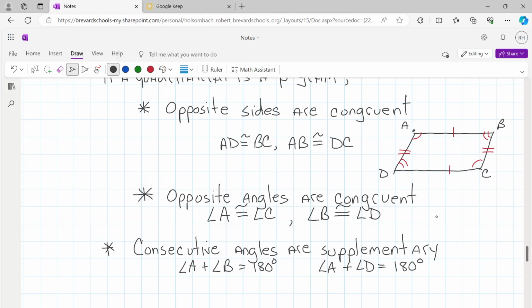See the logic there? Another pair of consecutive angles would be like C and D. So angle C plus angle D equals 180. And since D and B are congruent, the same theory holds true that angle C plus angle B equals 180 as well.